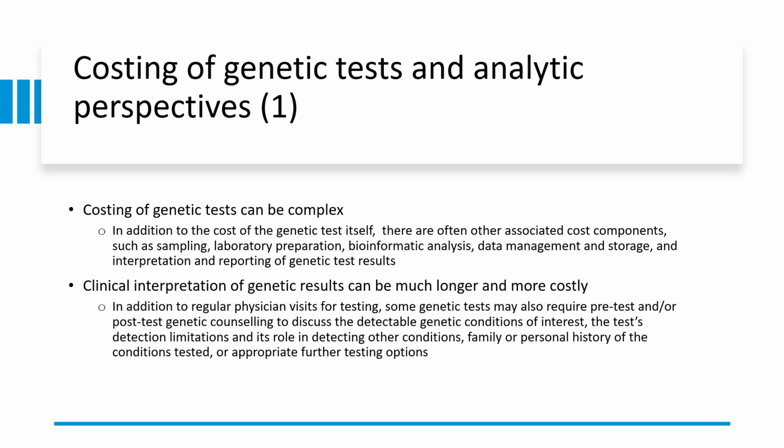The test's detection limitations and its role in detecting other conditions, family or personal history of the conditions tested, or appropriate further testing options. Genetic counseling also incorporates ethical and legal components. In summary, the full cost associated with genetic tests is generally greater than the cost of the test alone.